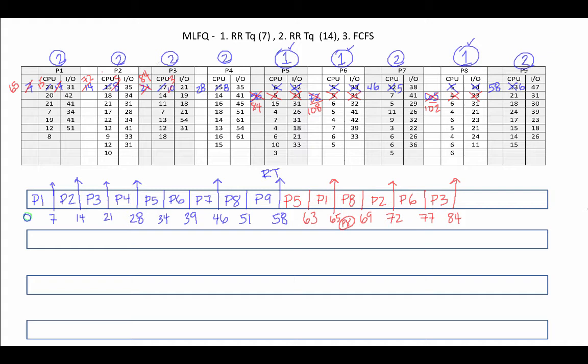Now the current time is 84, and it's time to let our level 1 P5 go. Now P5 gets 7 time units on the CPU burst, and if you notice, P1 happens to have a long CPU burst there. So what's going to happen is P5 is going to get preempted at time 91.